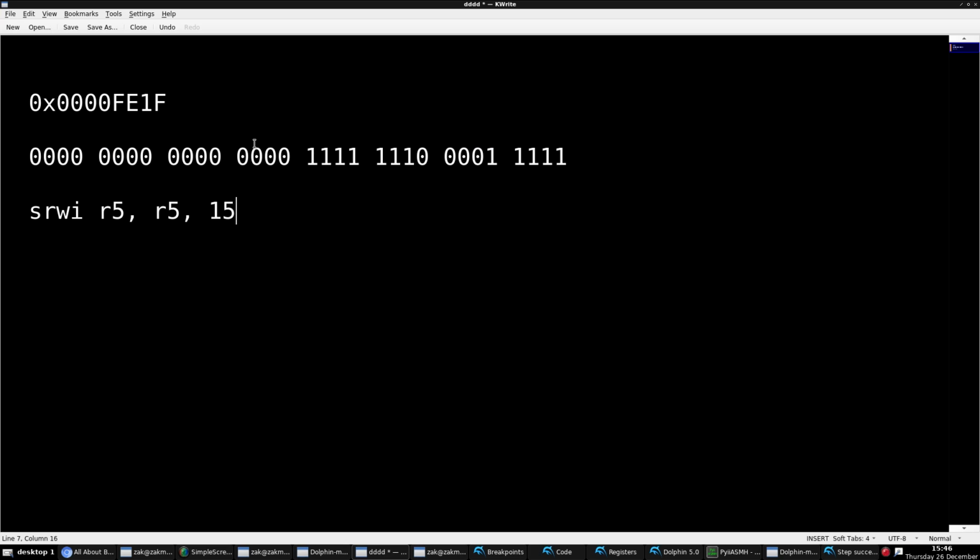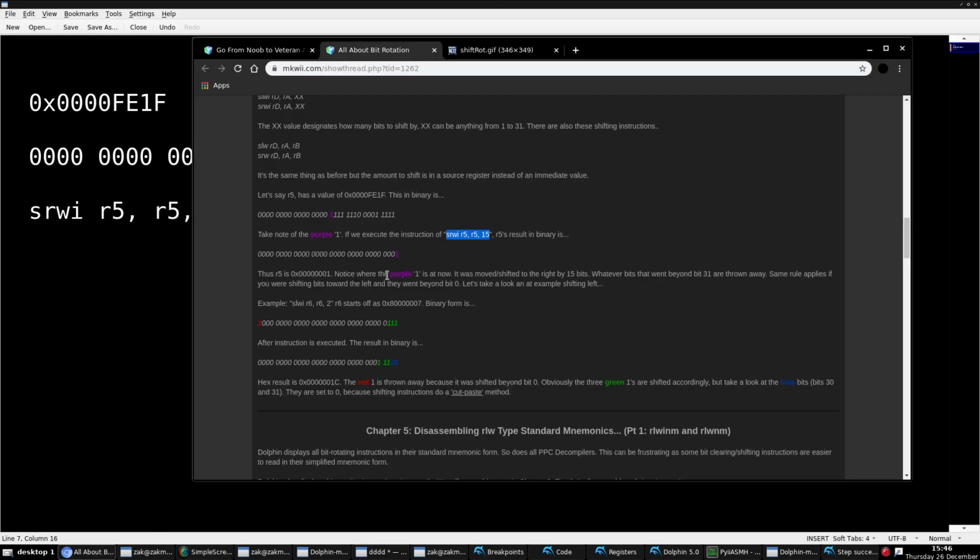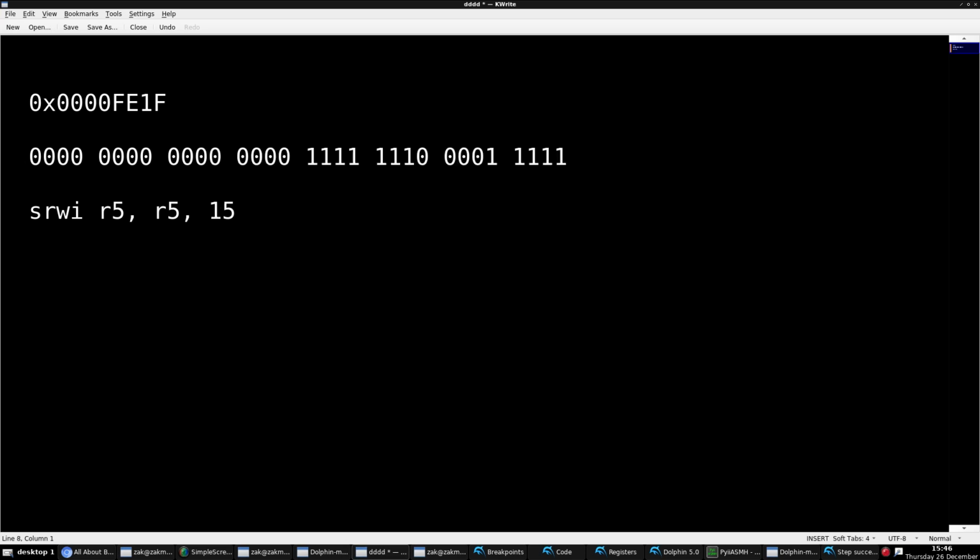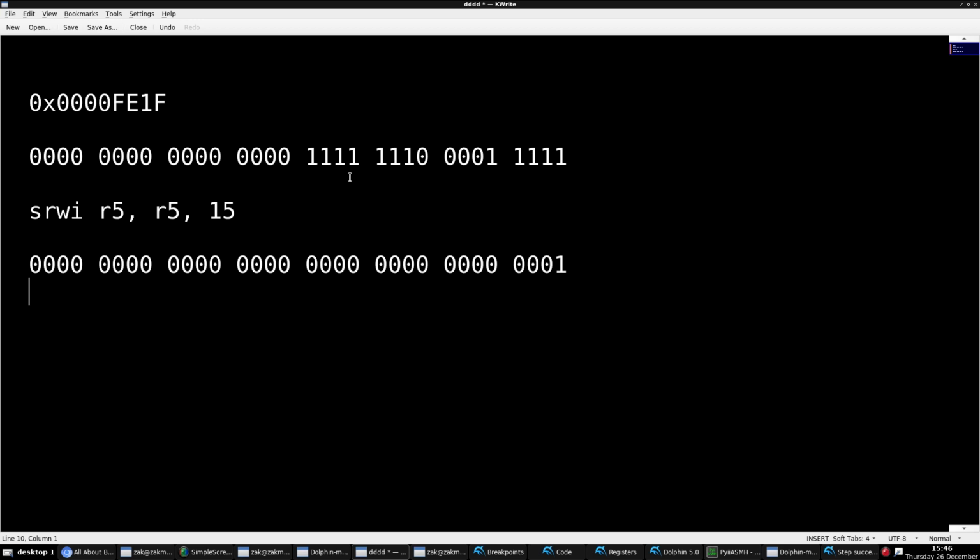Now you're probably asking yourself, if we're moving to the right, what happens if we go past bit 31? Well, anything that goes past bit 31 is just thrown away. It's gone forever. And you're probably asking yourself, what do we do about the numbers that are supposed to come from the left going to the right, but there's nothing beyond bit 0, obviously. They just get appended with zeros. So if you do this and follow what I say, the value turns to this.